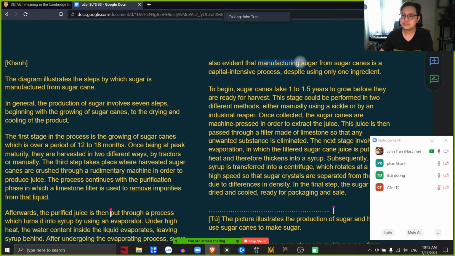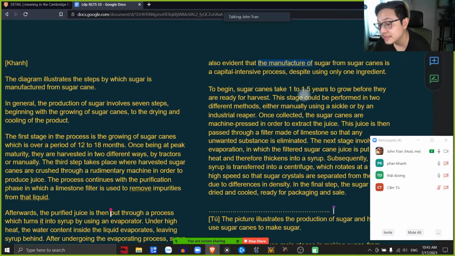So that's why I don't think you should use manufacturing. Just say, it's also evident that the manufacture of sugar. If you use the manufacture of something, it means you are not the one directly responsible for that action. Mình dùng quá trình sản xuất của cái gì đó, tức là mình hàm ý là mình không phải người trực tiếp làm nhiệm vụ đó.